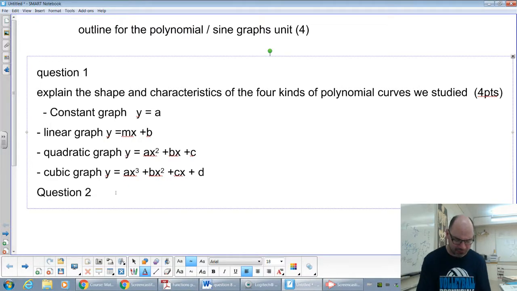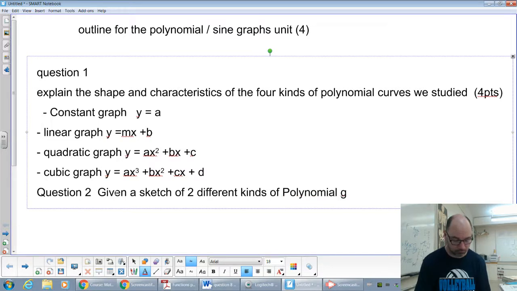So you're going to be given a sketch of 2 different kinds of polynomial graphs. And what you're going to have to do there is tell me what category of graph it is, and find the x and y intercepts on the graph, whether the leading coefficient is positive or negative.